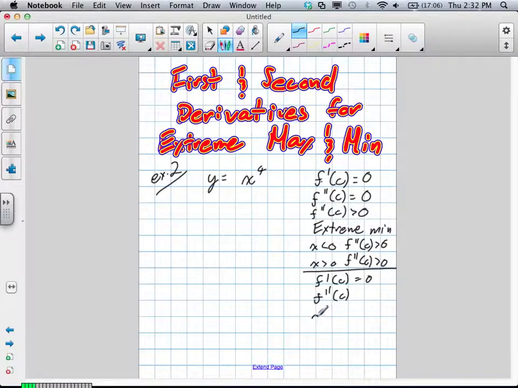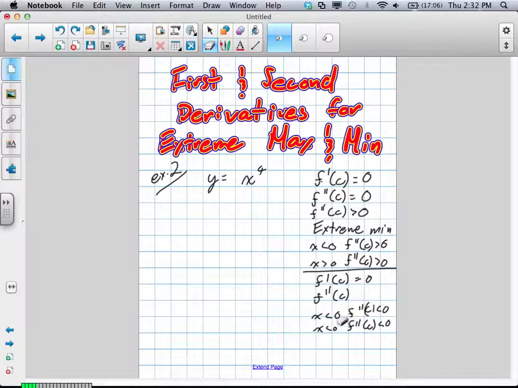If our x is less than 0, and our double prime is less than 0, and our x is greater than 0, f double prime c is still less than 0. So in other words, if it's not flipping, it doesn't have a point of inflection, then we're looking at an extreme max or min. Okay? This is important here. We're going to zoom in.